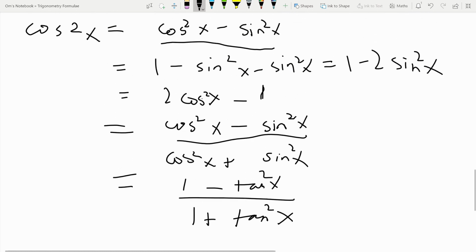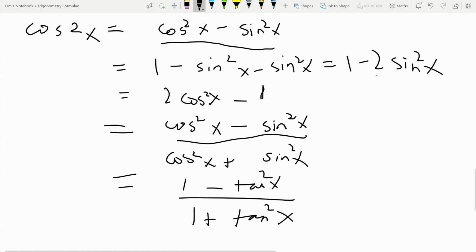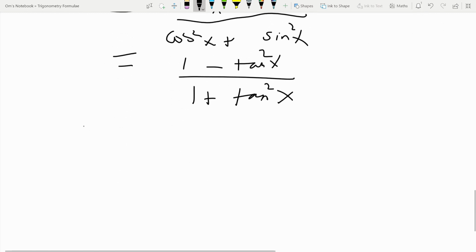Alright, before I move on to the next one, I want to stress the importance of this identity and this identity over here, because this is something I will be seeing frequently. This is also important because when you're performing integration, there is no definite formula for the integrals of sin square x and cos square x, because there are no elementary functions whose derivatives are cos square x or sin square x.